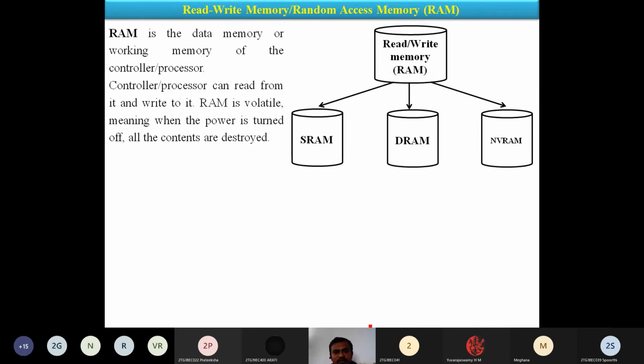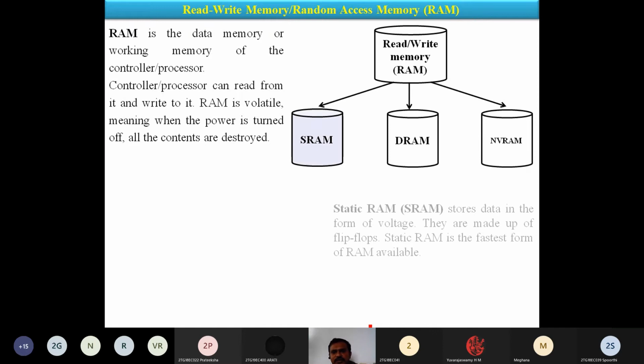RAM is volatile, meaning when the power is turned off, all the contents are erased. So it is not used for storing data for a longer period. Whatever data is stored is kept only while the system is on. When the system is off, all the data is erased, so we use it for reading and writing while the system is on.